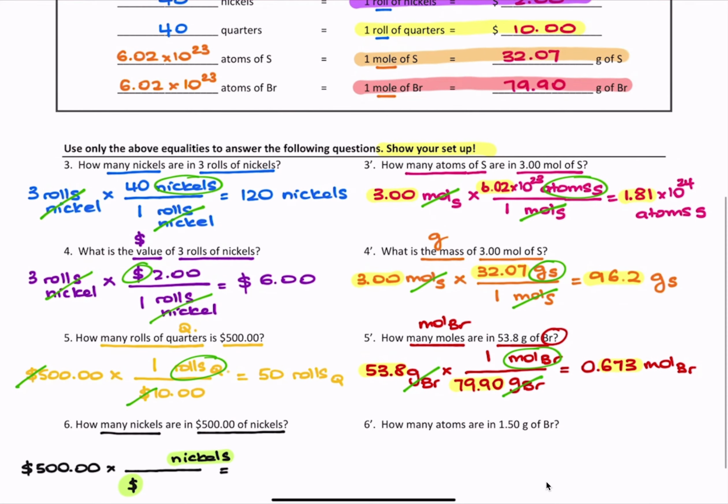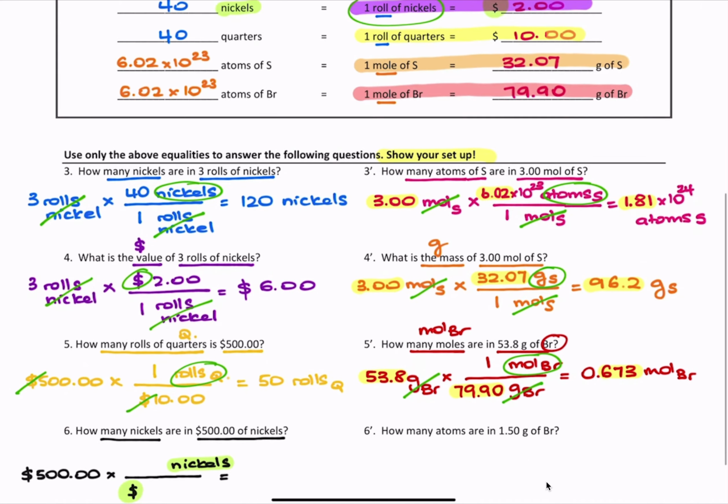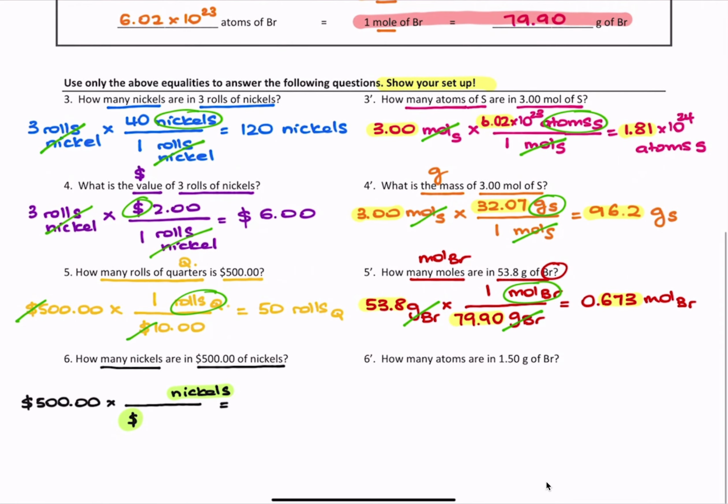We're going to go back up here. Dollar, nickels. Going through, what we have here is called the bridge unit. So what we're going to do is you always use your bridge unit to separate them. So we're going to move this one on the side.